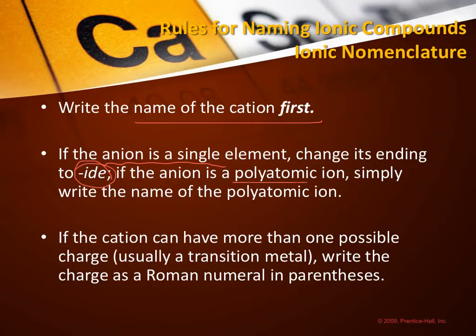If it's a polyatomic ion as an anion, you need to have those memorized and just use the name of the polyatomic ion. Remember to always ask yourself if the metal in the ionic compound is a transition metal, and if it is, you need to write down its charge using a Roman numeral in parentheses.